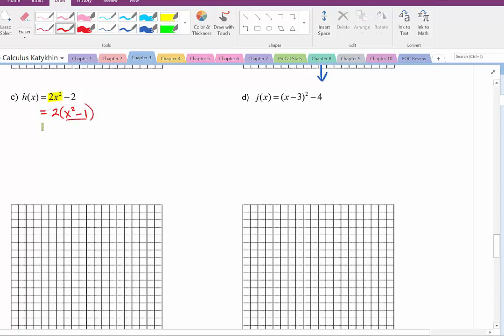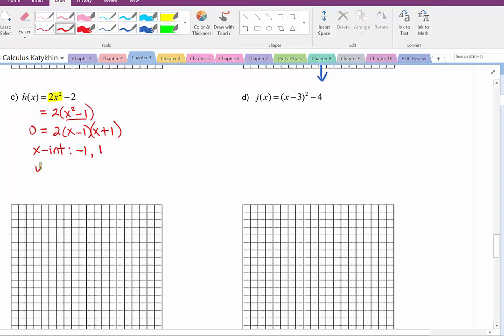Notice that this is a difference of squares, so that would be x minus 1 and x plus 1. That factors to that, which then tells me that my x-intercepts, if I set this equal to 0, will be x is equal to 1 and negative 1. So negative 1 and positive 1.